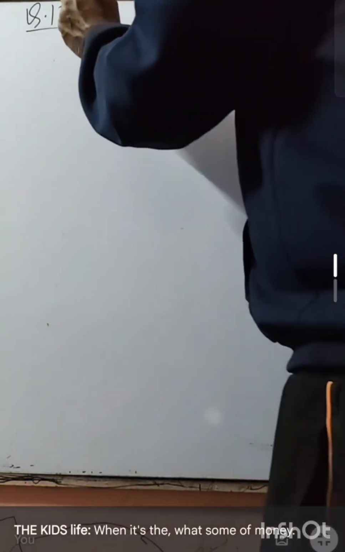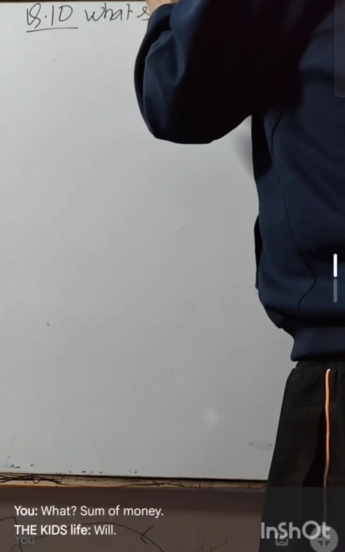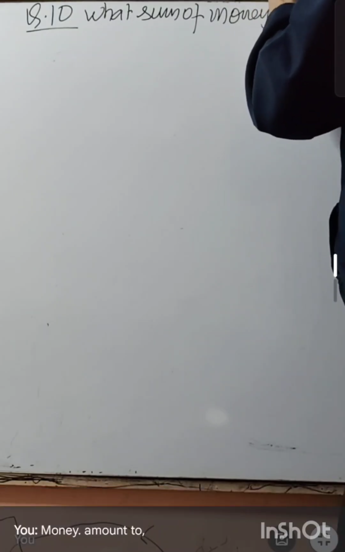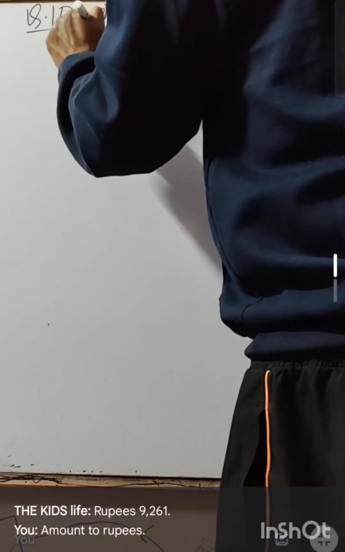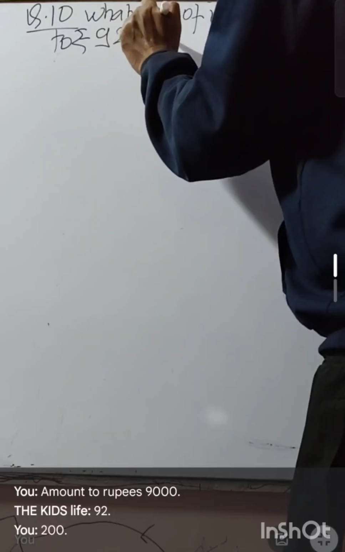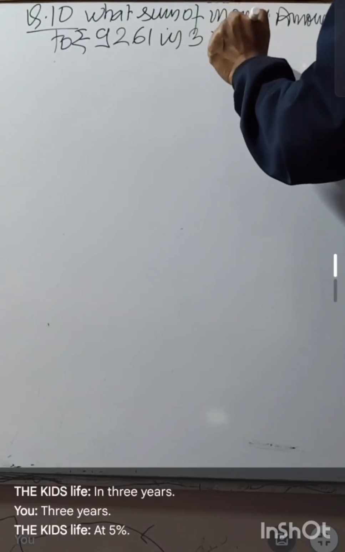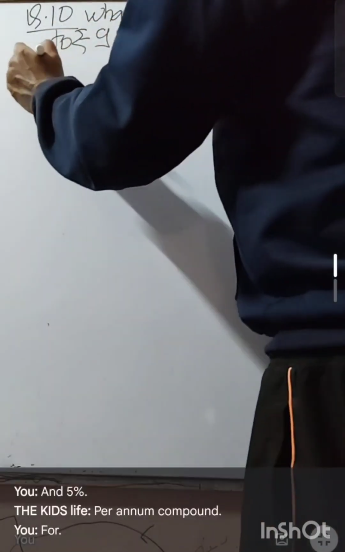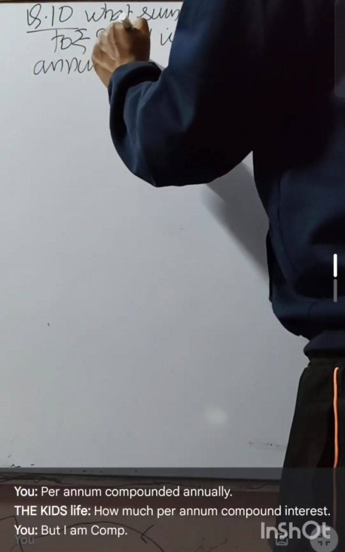One minute, sir. What sum of money will amount to rupees 9,261 in 3 years at 5% per annum compounded annually?